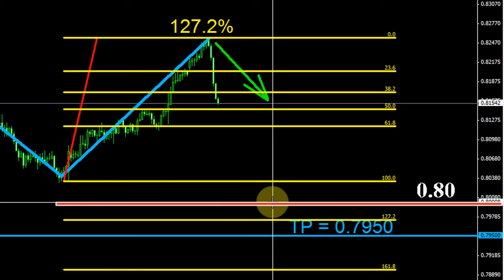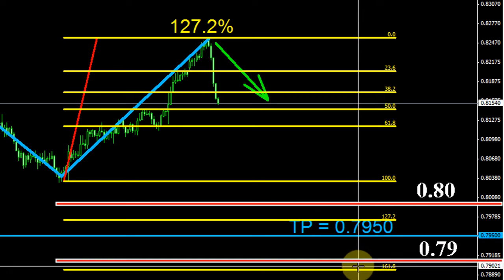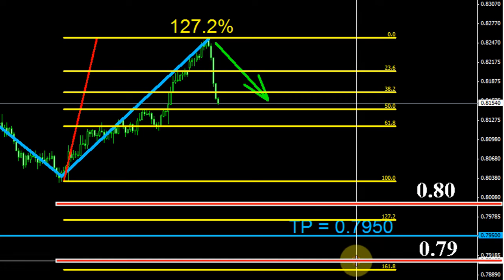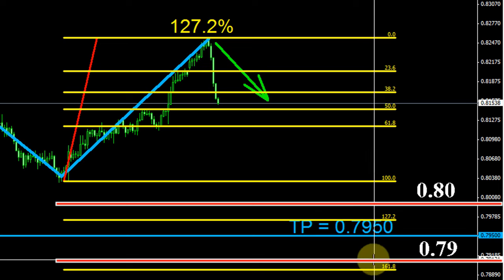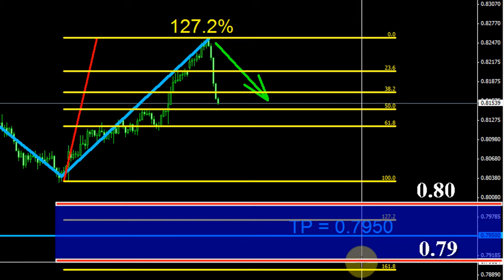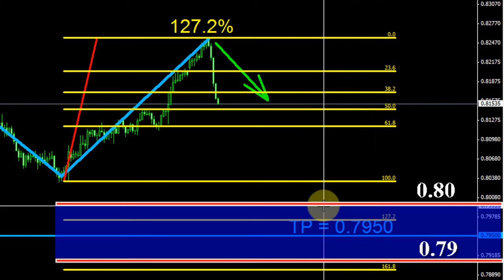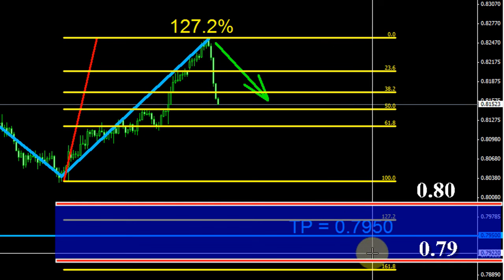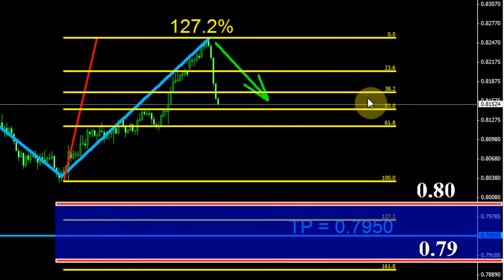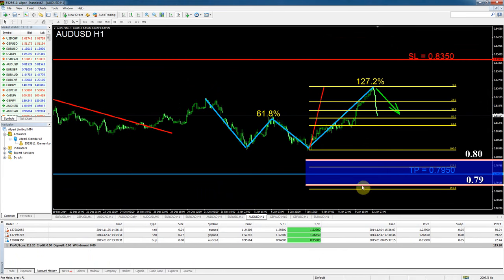That's why I wanted to set the take profit a bit closer, a bit higher up, because there's another level over here which is 0.79, which just happens to be on the 161.8 line, or just above it. So I want it to be above this other support line. If we do break the 0.80 level, then we don't have to worry about the 0.79 level. So that's how you establish where to set your take profit.